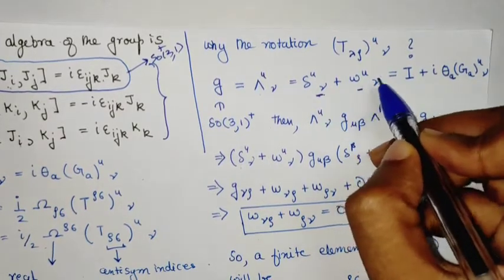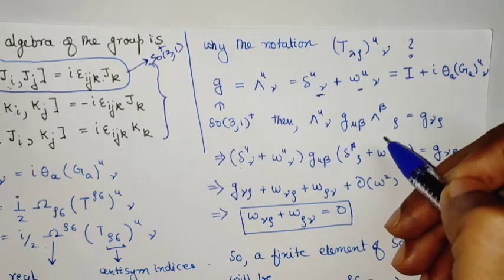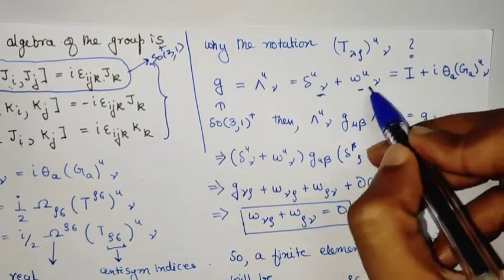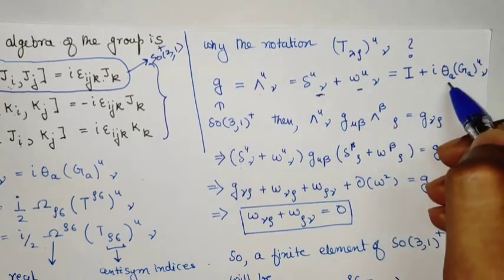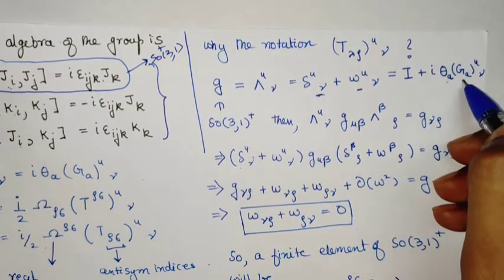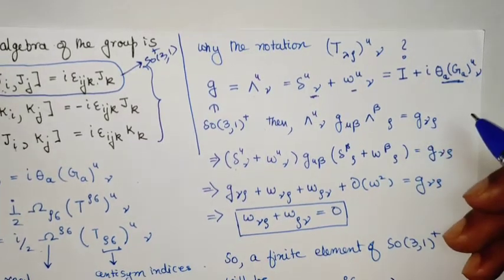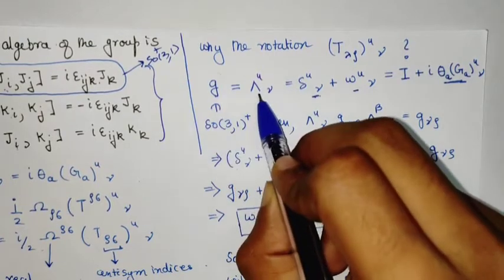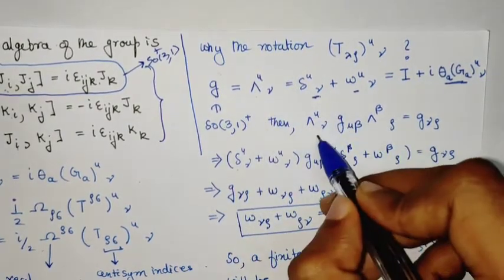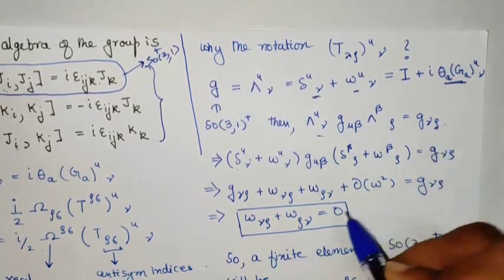You will have higher terms which will be order omega square, but this omega is constructed of the boost parameters, rotation parameters, and their corresponding generators. There is a sum over this A, but this is a group element, so this must satisfy this particular property here, the Lorentz group property.